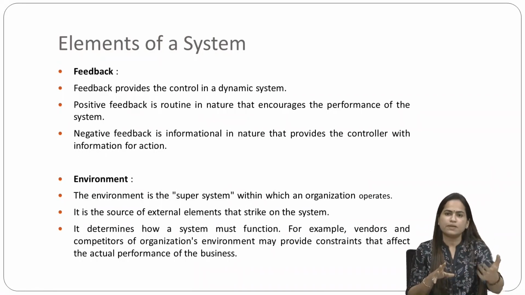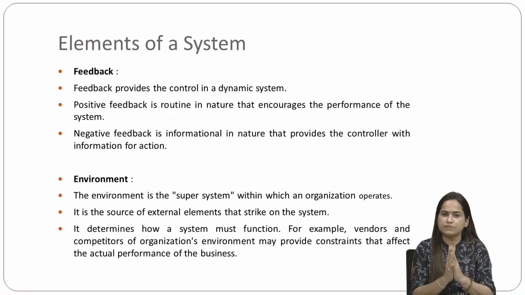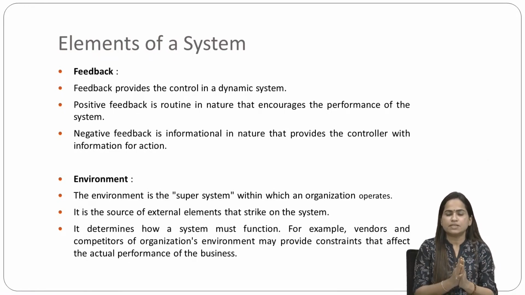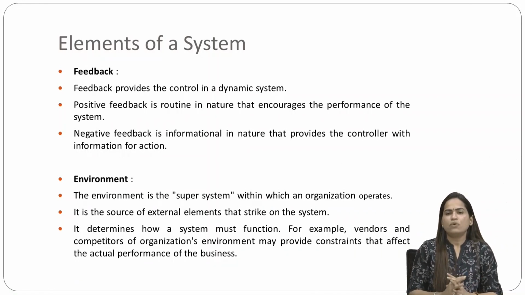So whenever we have any type of system, we will have an environment which will work as an area from where the input can be given. It determines how a system must function. For example, vendors and competitors of an organization's environment may provide constraints that affect the actual performance of the business.